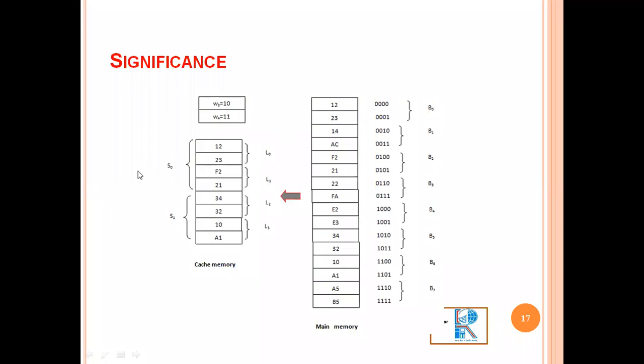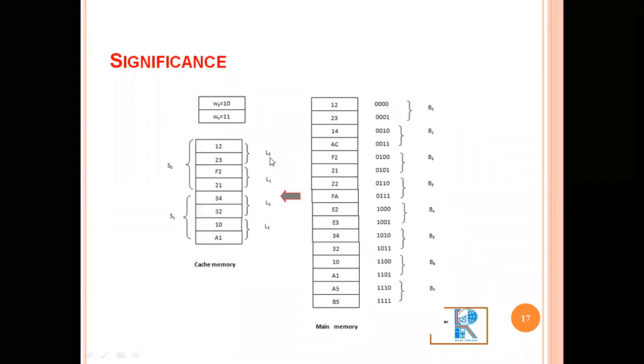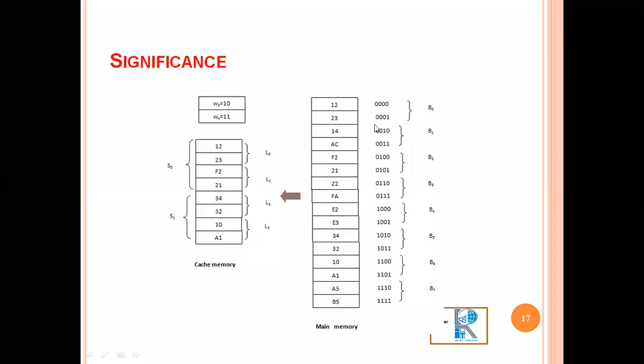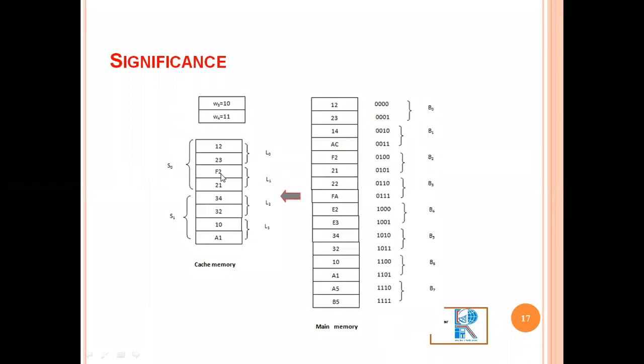So the mapping to the set number is direct. Within the set, it is fully associative. Again, I am repeating: here the set number is generated, that means the block will directly go to the set. Within the set, if there is an empty space, it will put the data. That means generation of the set is like direct mapping, and within the set, it is fully associative mapping. So this is the advantage.